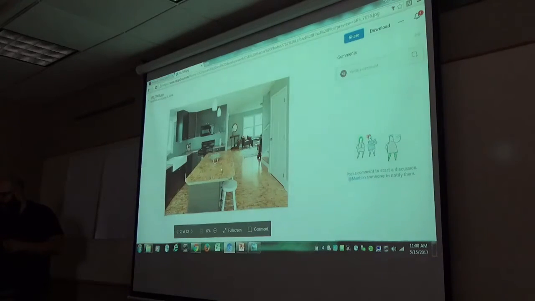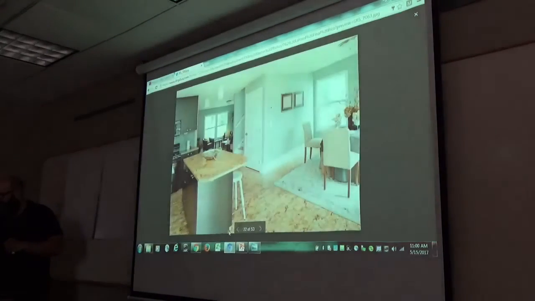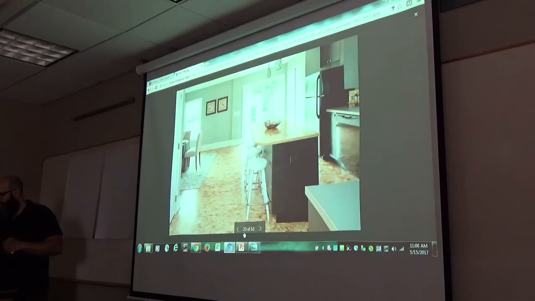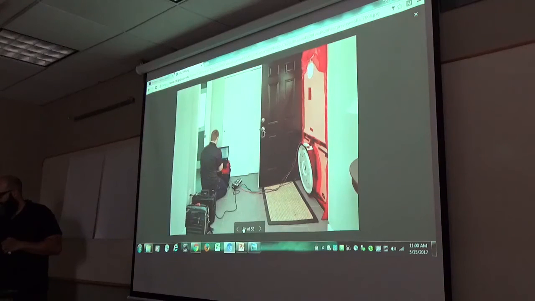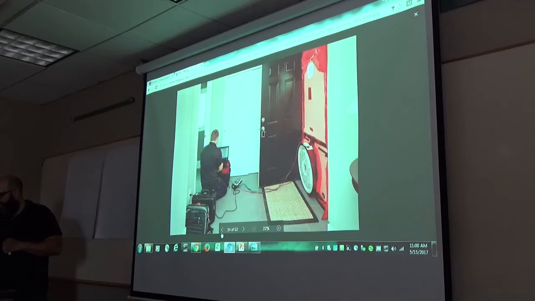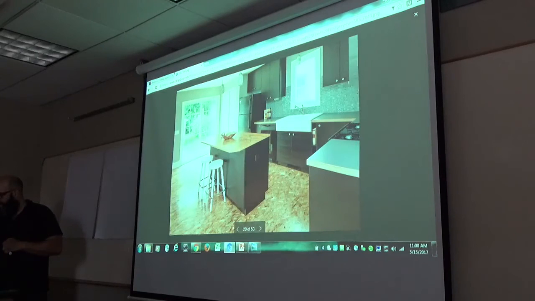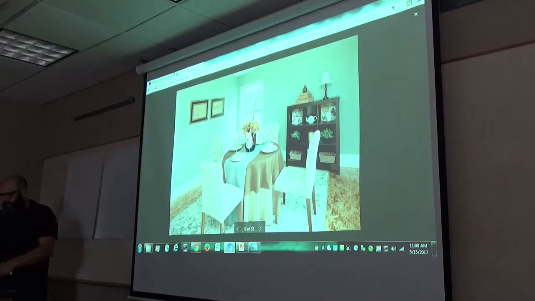Here you can see the countertop and the floors.